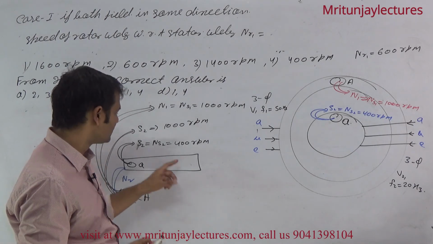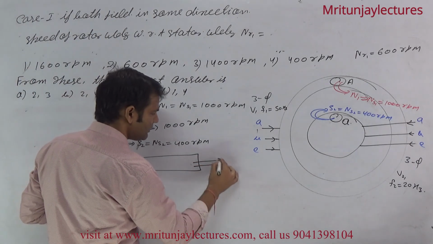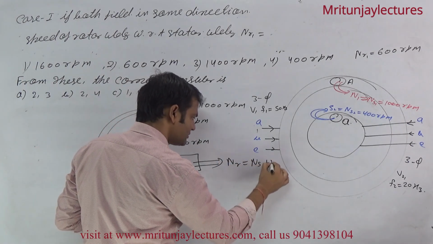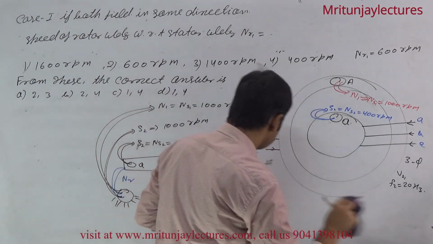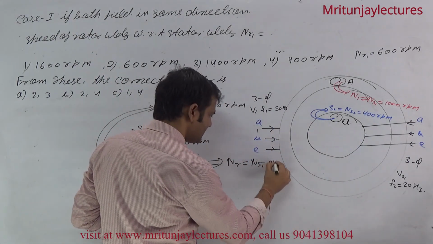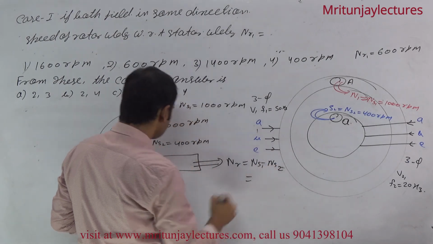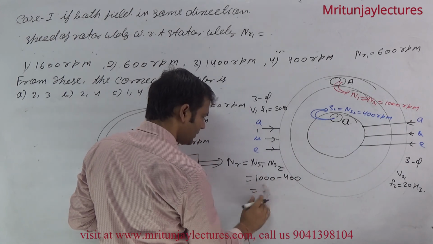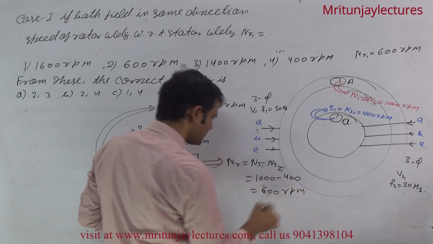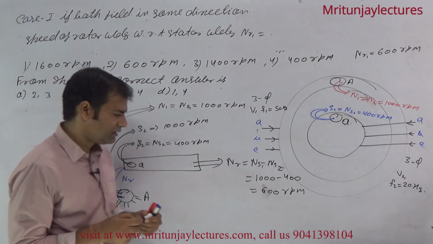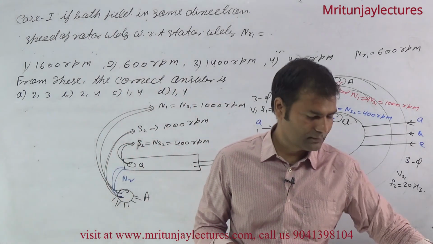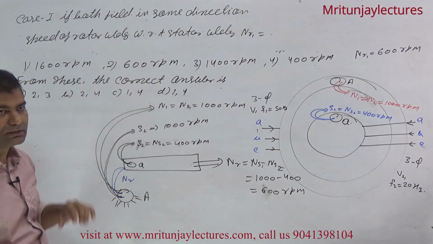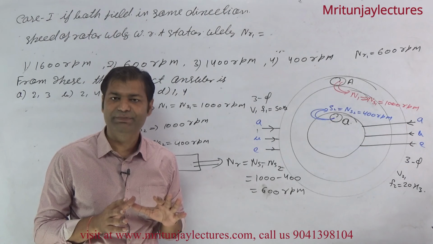If it is possible that the rotor rotates in the direction of the stator field with speed NS1 minus NS2, that is 1000 minus 400, so 600 rpm, then if the rotor rotates in the stator field at 600 rpm, S2 catches up with the stator field with respect to the stator winding.